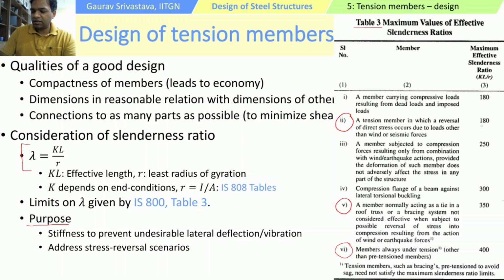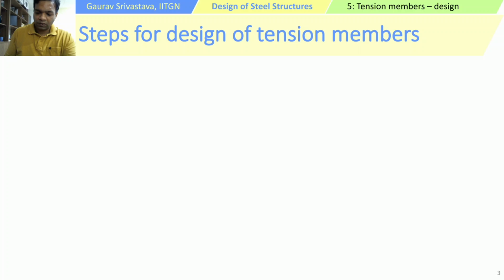So in general, there are three different limits. So 180, 350, and 400. Okay, and this you can see and try to think about why these limits are in that way. Okay, why something is less, why something is more. So try to think about it.